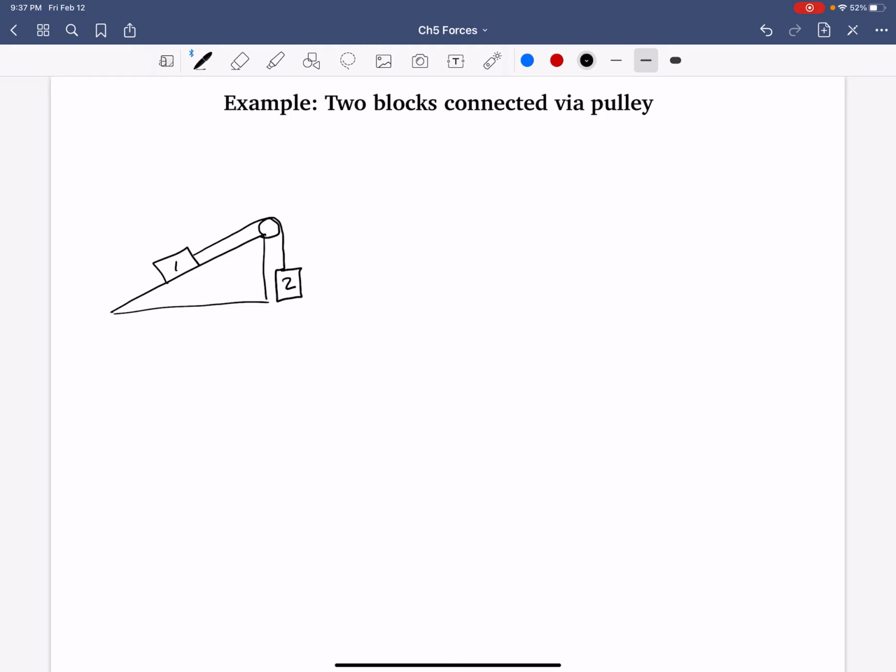And so these blocks are free to move, right? There is no friction on that surface, and block two is not touching, say, the inside of that ramp.